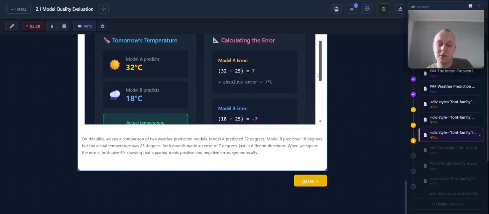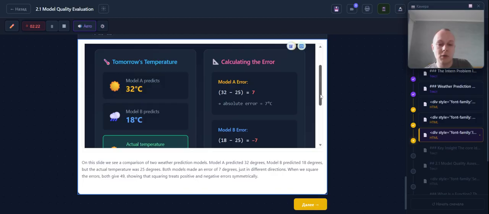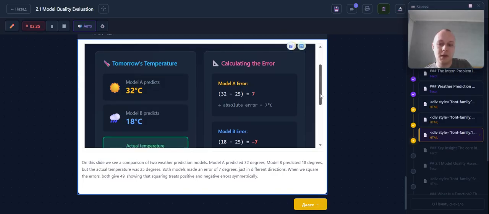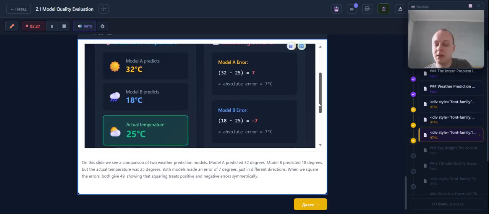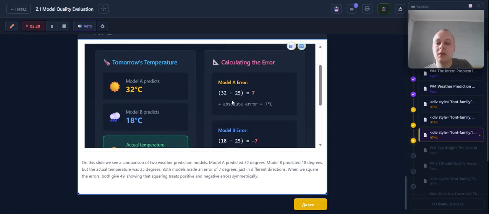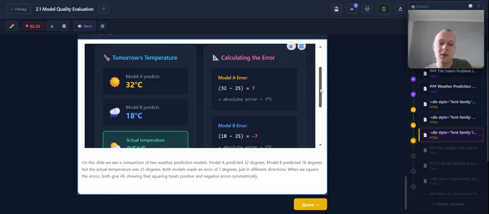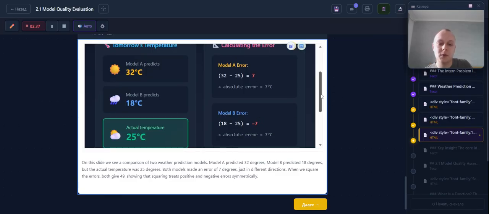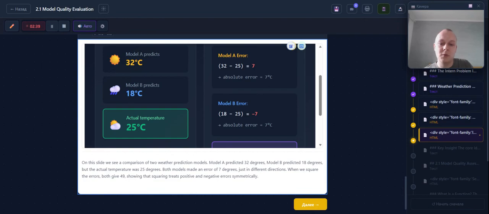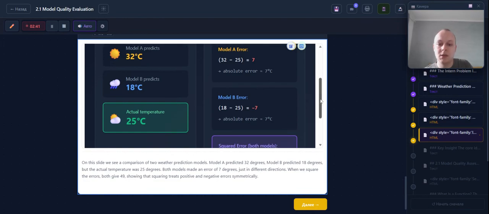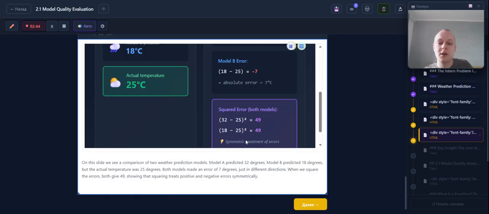So basically, how can we manually calculate the error of both models? We can subtract the ground truth, our actual temperature, from our prediction, and we'll get 7 and minus 7 for the second model. Both absolute values will be the same, 7 degrees. But we can actually square the result and get 49.